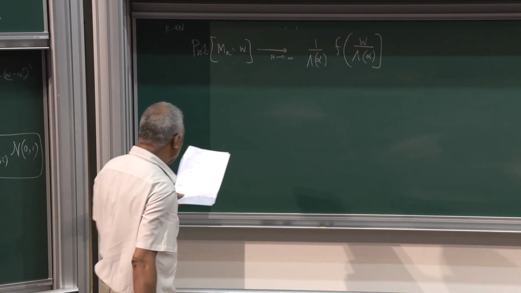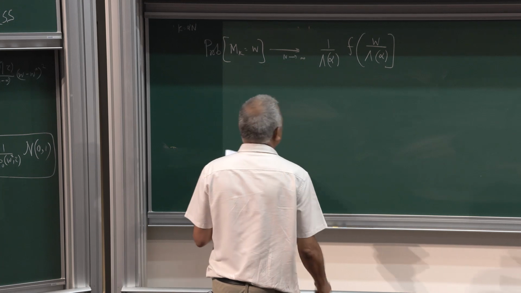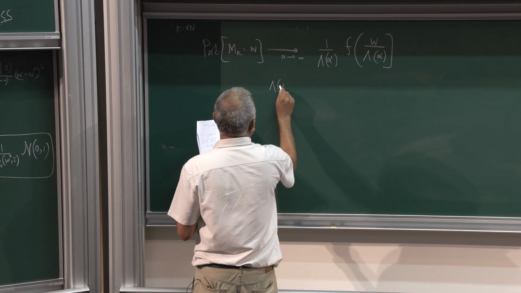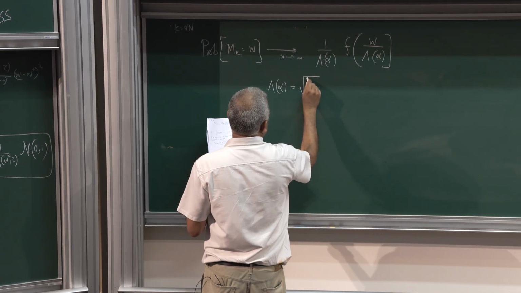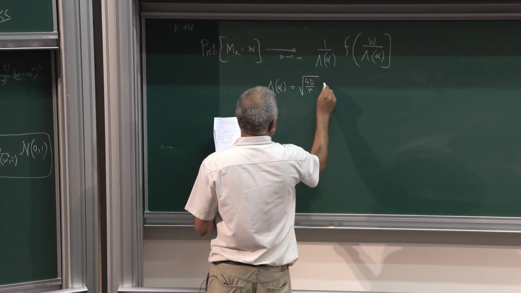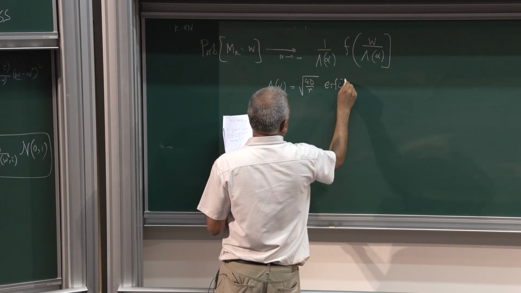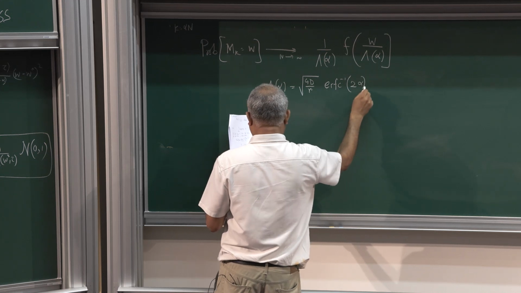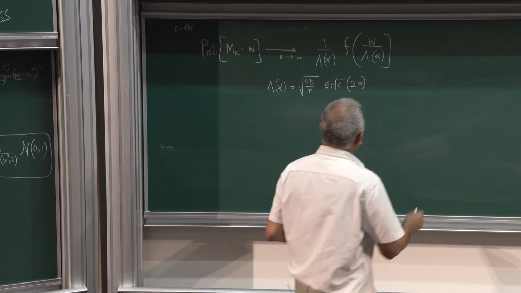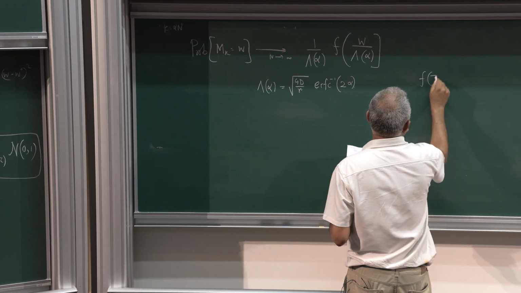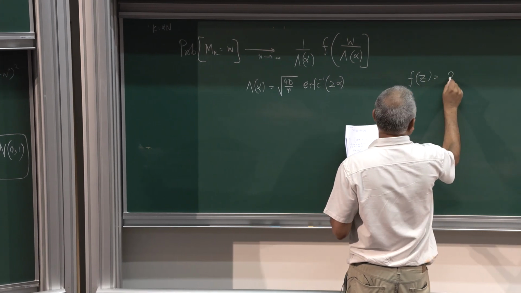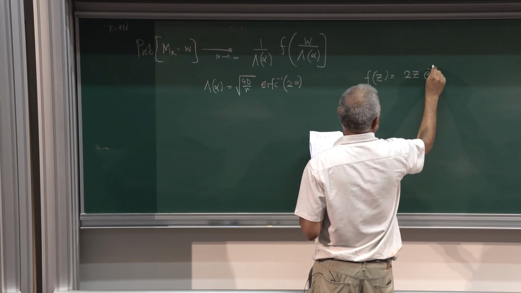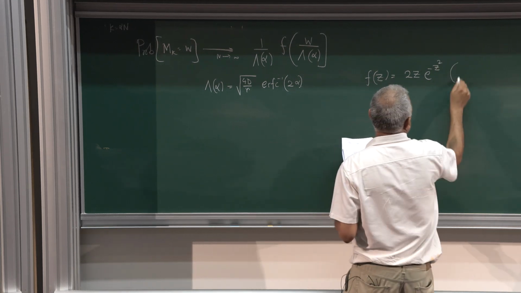That means I'm probing the bulk, if you like. And this lambda alpha, the scale factor, is just square root of 4d over r times this. But the scaling function f of z is completely universal, for z positive.